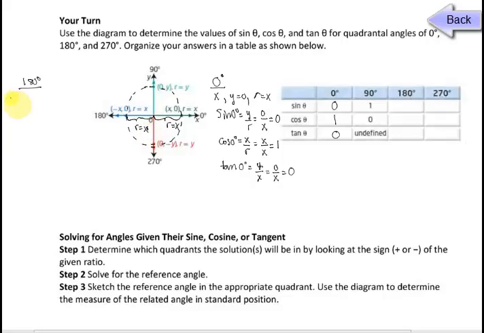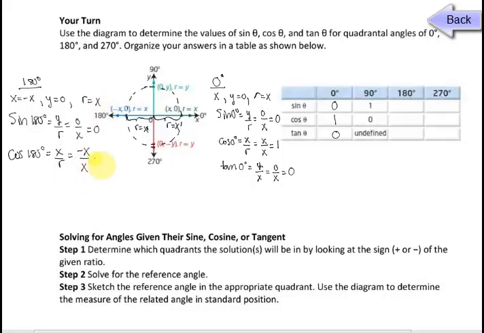Okay, so at 180 degrees then, x is negative x, y is 0, and r is equal to x. So sine then of 180 degrees, being y over r, is 0 over x, which is 0. Cos of 180 degrees is x over r. Okay, well, x is negative x this time.